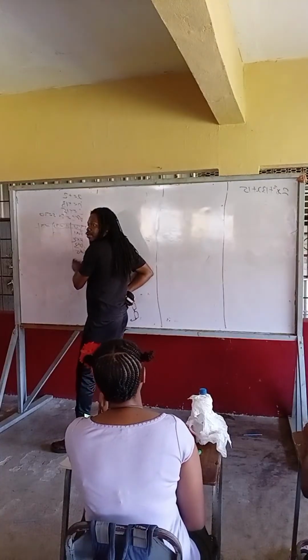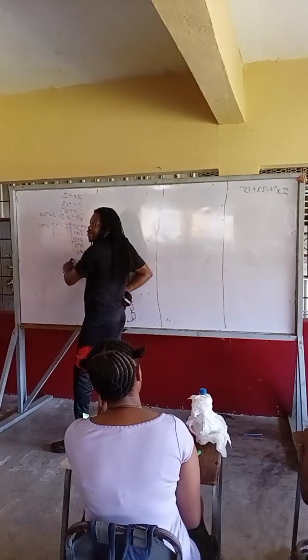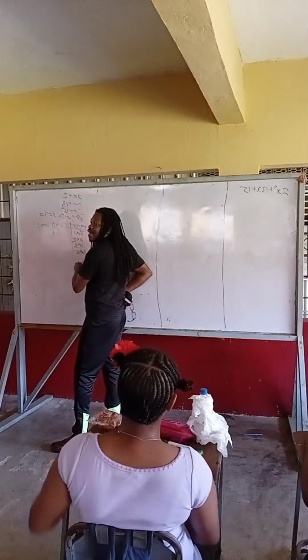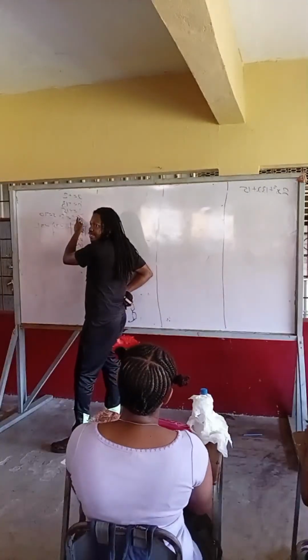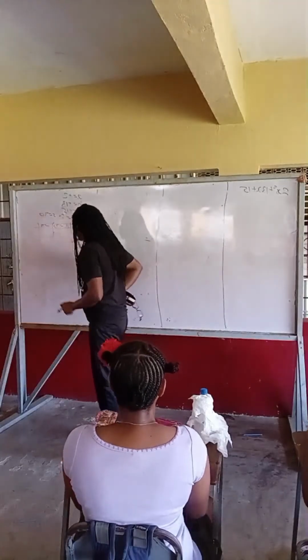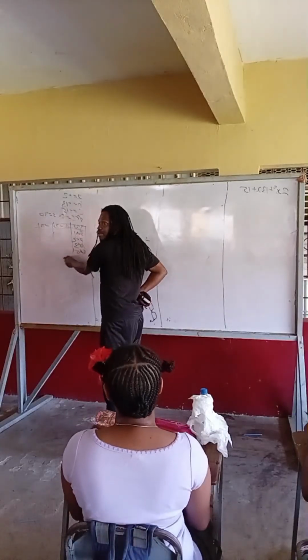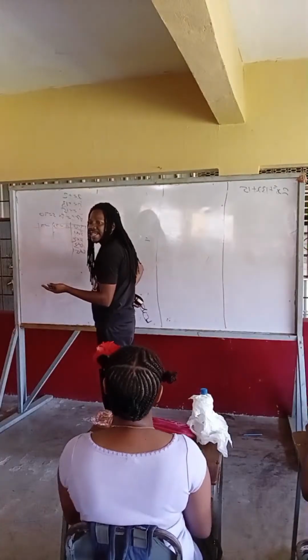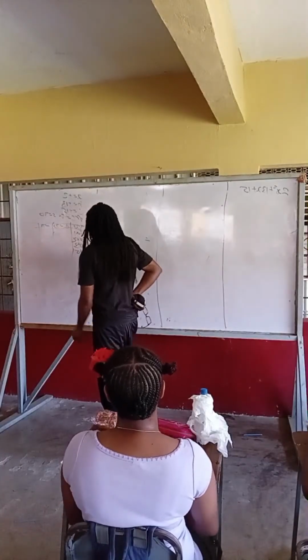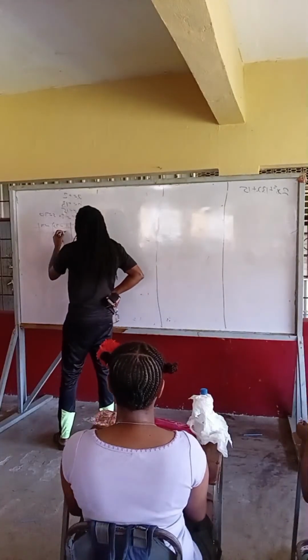When 6 times 5 starts to repeat, it makes no sense to continue. Everybody understand? Alright, good.